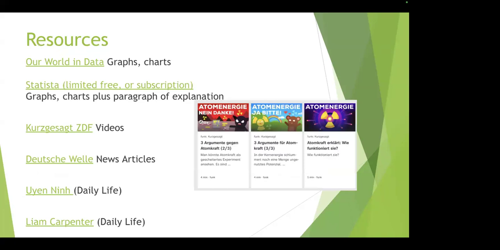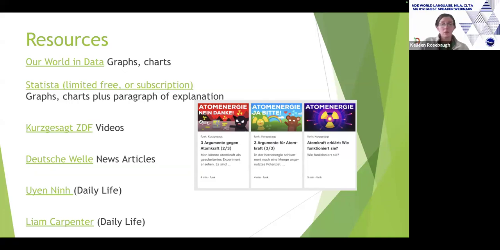When I tried the website, Our World in Data, I didn't find too many resources about Chinese culture. So I'm wondering, for the resources you provided, Our World in Data, you mean we can only find the data about the graphs and charts? Yes, it is mostly graphs and charts.